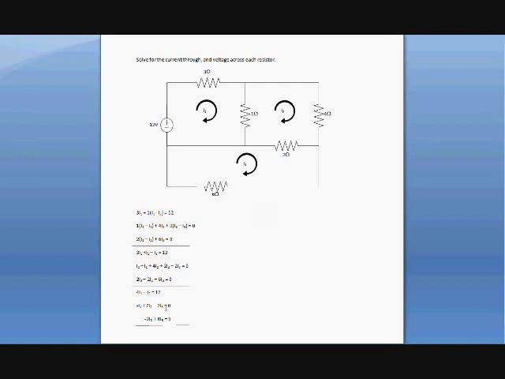So let's see, I'm going to skip some of the math because I got the answers earlier. The first one is that I1 is equal to I2 over 4 plus 3, and I3 is equal to I2 over 4.